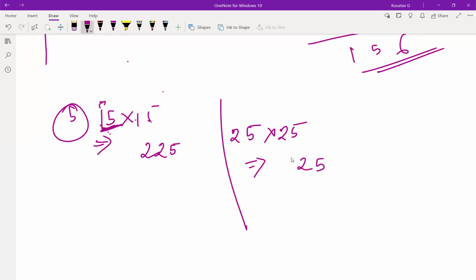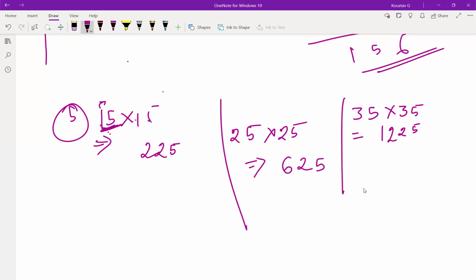So 2 times 3 is 6. So 625. In the same way, suppose 35 multiplied by 35. Write 25. What is the next digit of 3? 4. So multiply 3 with 4, 12. So write 12.